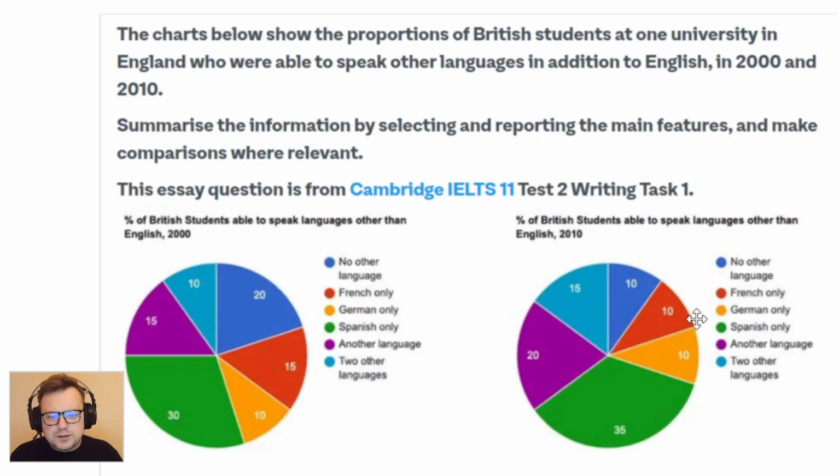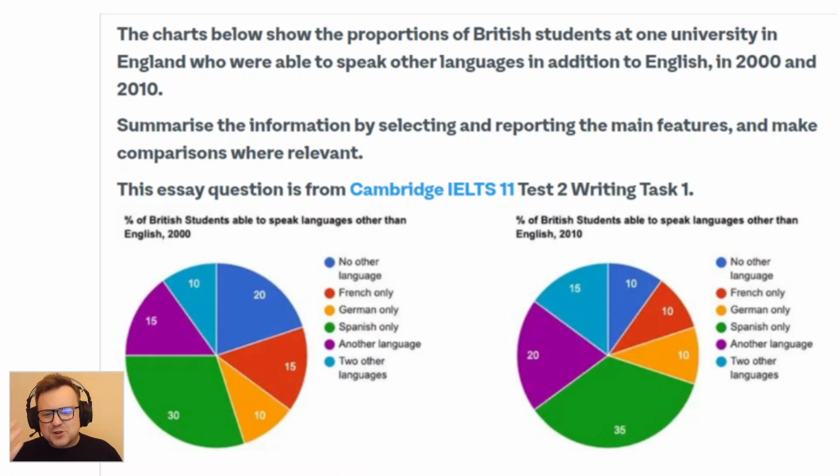So the first thing, now we can have an absolute direct paraphrase here. The first paragraph should be an absolute direct paraphrase of the charts below show the proportions of British students. Now, if you look through any of these IELTS books or just look at 10 or 20 different IELTS writing task 1s, look carefully at the wording they use.